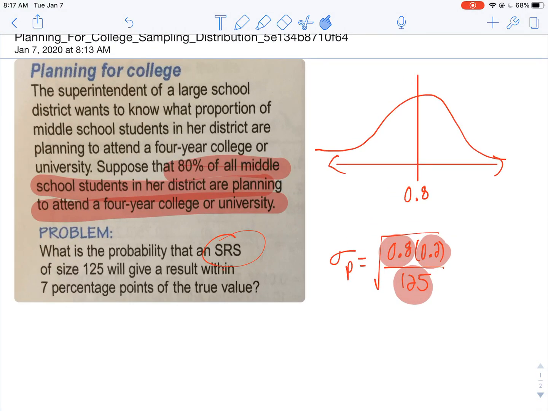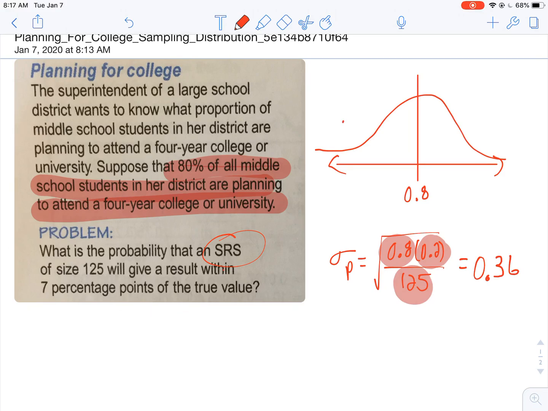Now I just need a calculator because I cannot do this one in my head. 0.8 times 0.2 divided by 125, square root. Okay, so I get about 0.35. Actually, it's like 0.357, so I'll go 0.036.